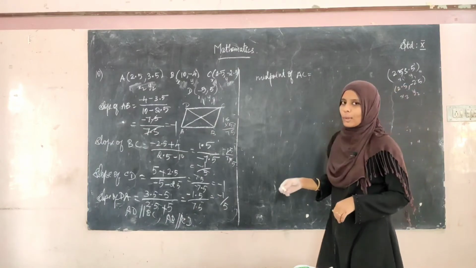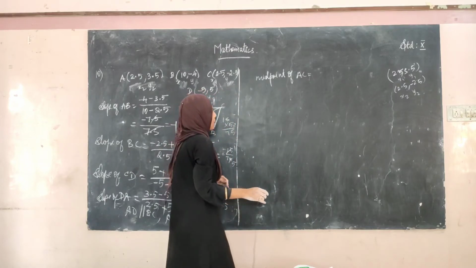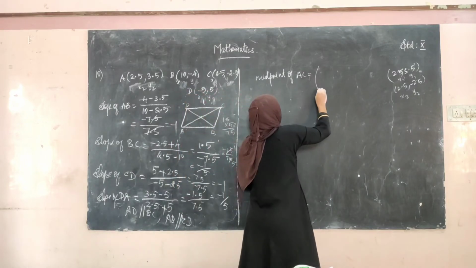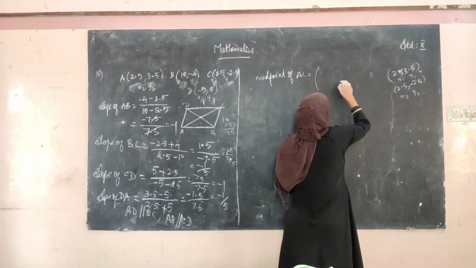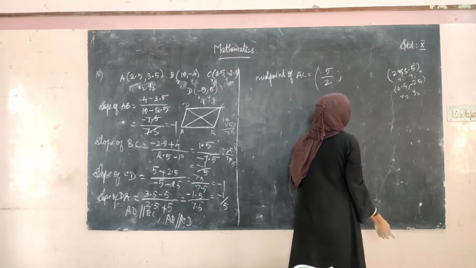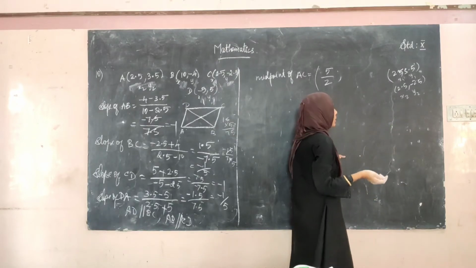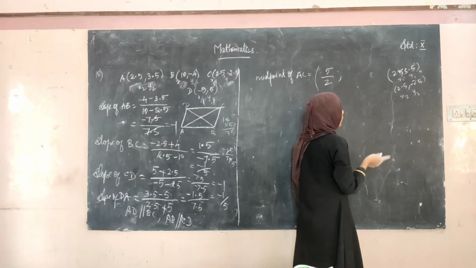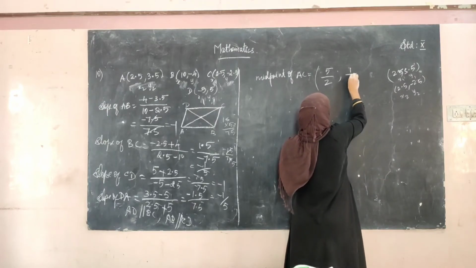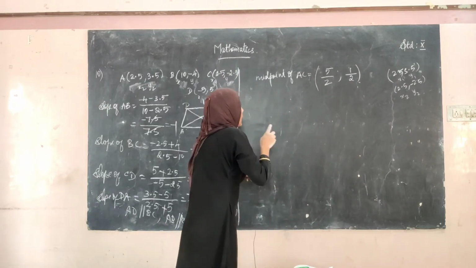What is the formula for finding the midpoint? x1 plus x2 divided by 2 comma y1 plus y2 divided by 2. What is x1 plus x2? 2.5 plus 2.5 is 5 divided by 2 comma y1 plus y2. y1 is 3.5 plus of minus 2.5, it becomes minus. So 3.5 minus 2.5 is 1 divided by 2. So this is the midpoint of AC.